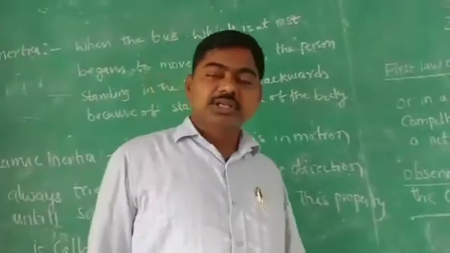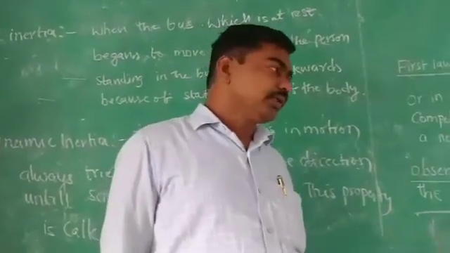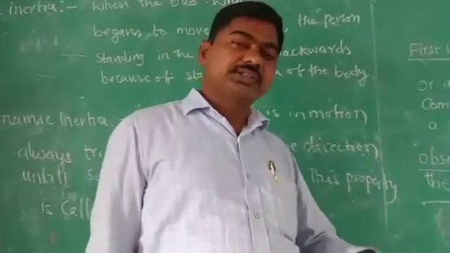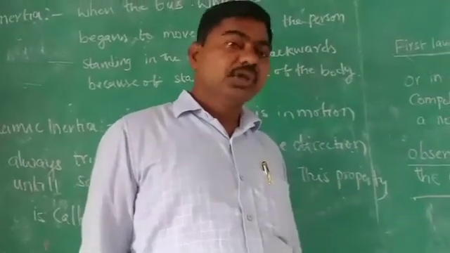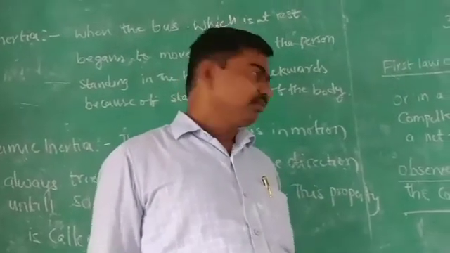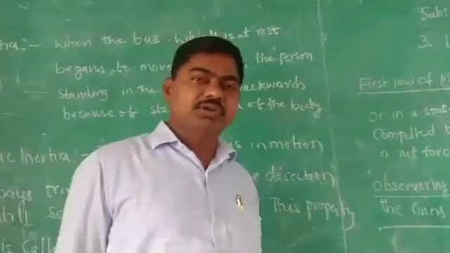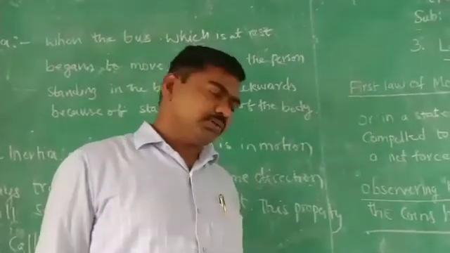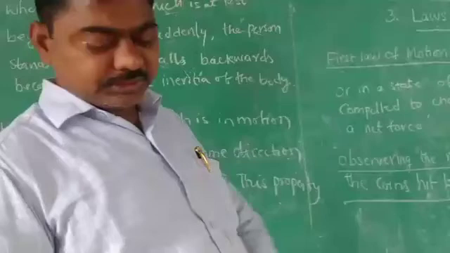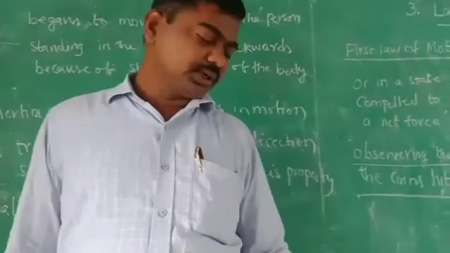Comparing the cycle and the car, when you push, the cycle goes on, whereas the car requires more force. If you hit the football very lightly, it goes on. Comparing these three, which one will have more inertia? Which one has more weight will have more inertia. That is the velocity of the object.